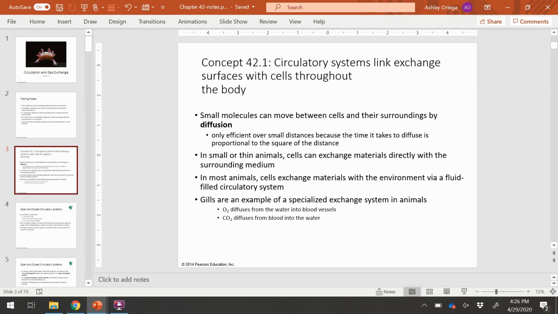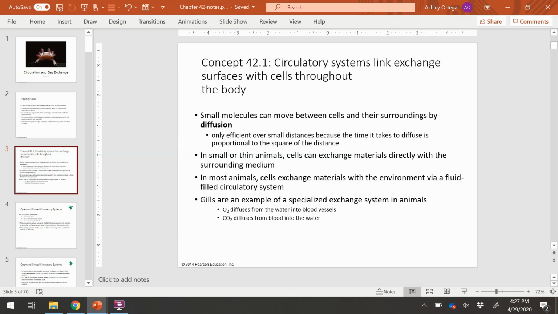And so we'll start out with the circulatory system and how circulatory systems will link the exchange surface with cells throughout the whole body. And so looking at circulatory systems, you want to remember how exactly the oxygen we breathe in and the carbon dioxide we exhale get to every single cell in the body.